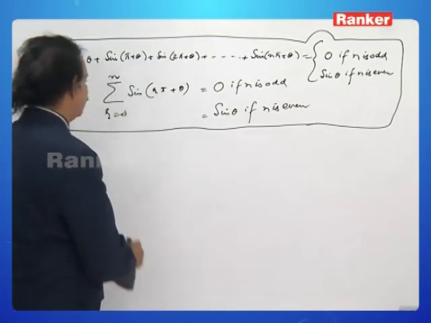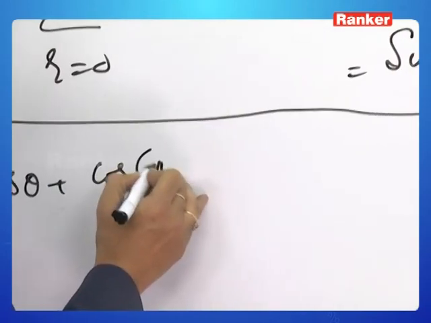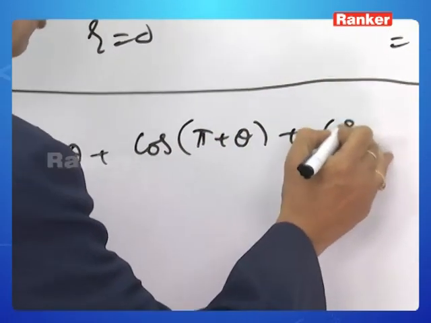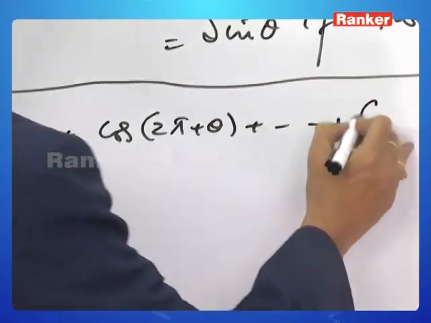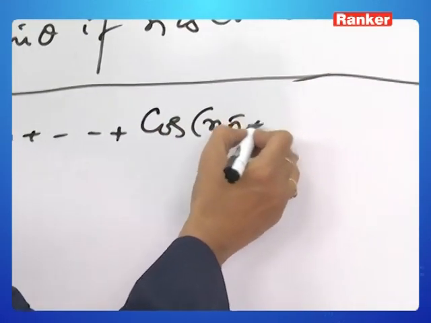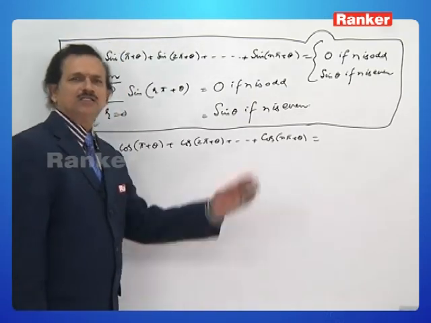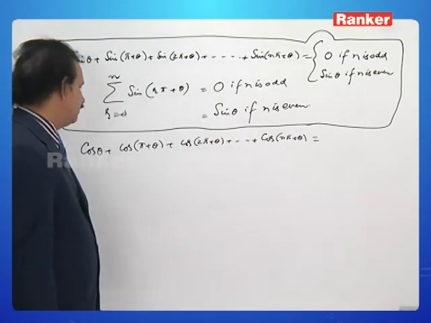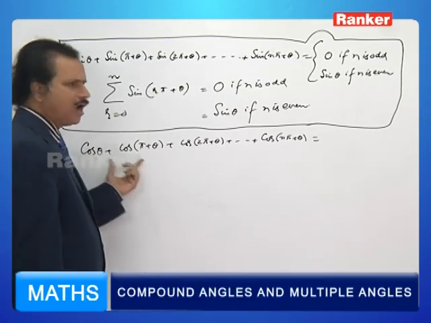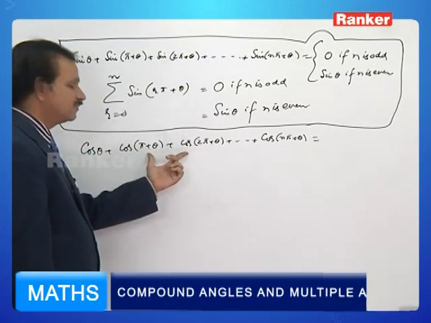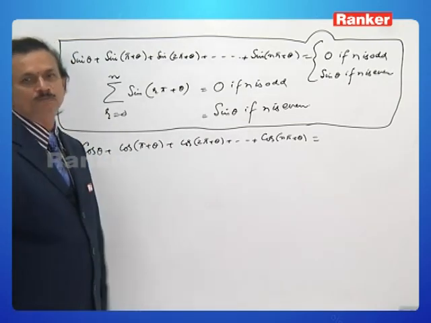In a similar fashion, you can use the result cos theta plus cos of pi plus theta plus cos of 2 pi plus theta plus cos of 3 pi plus theta and so on up to cos of n pi plus theta. Absolutely, exactly the similar fashion. This again becomes 0 if n is odd. Why? Because what is cos of pi plus theta? Minus cos theta, and plus cos theta goes away. Sum of any two adjacent terms in this sum is 0.